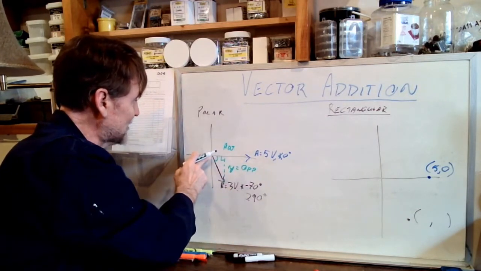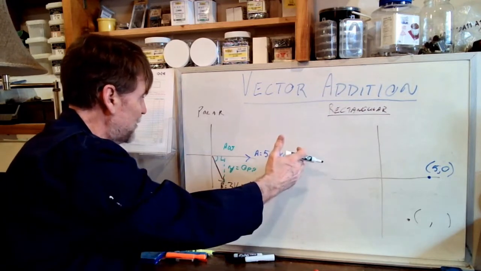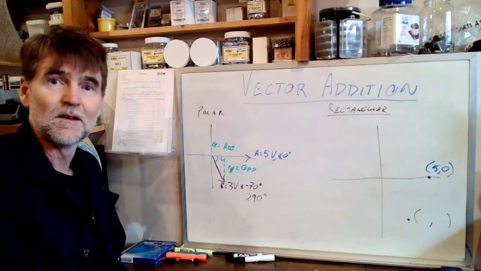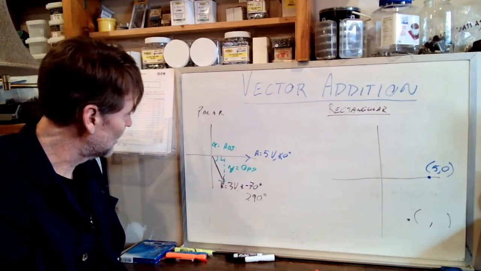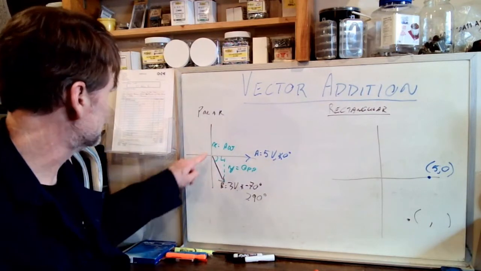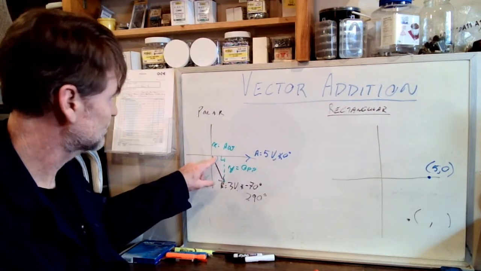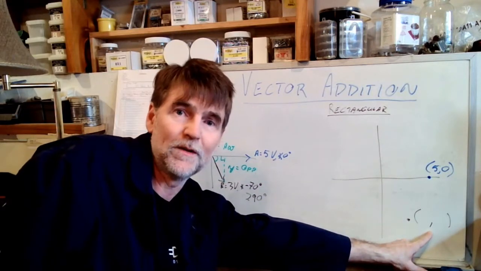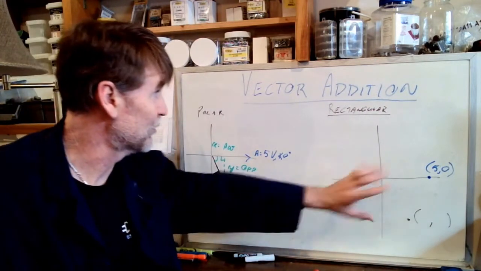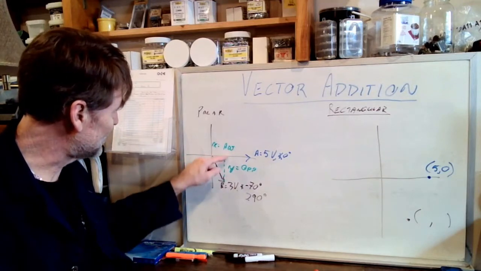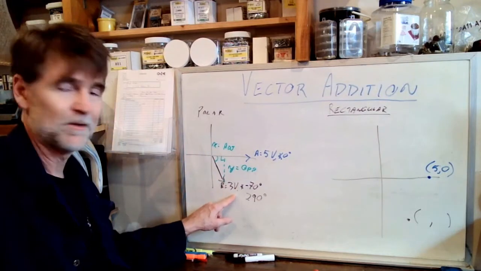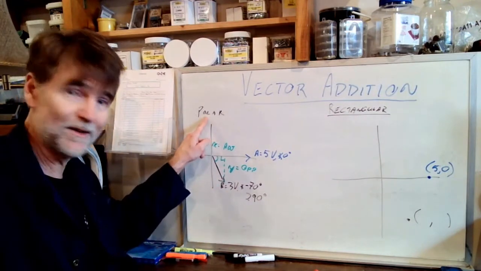It's going to tell us how far this point stretches out from the origin on the x-axis. So the x-axis is the adjacent of our right angle triangle. This is the reason we had to spend time learning about SOHCAHTOA, because this right angle triangle tells us how to find these two coordinates right here. The x and the y axis in the rectangular coordinate system represent the opposite and the adjacent of the right angle triangle, while the magnitude of the vector expressed in the polar coordinate system is the hypotenuse.